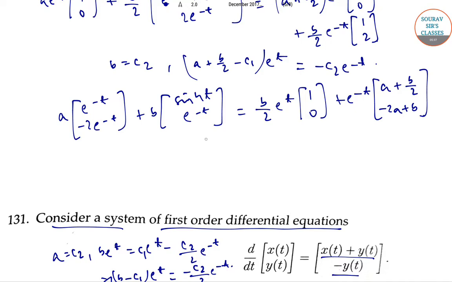Now on comparing and using the fact that exponentials are never 0, we get a is equal to 2c1 minus c2/2 and b is equal to 2c1.